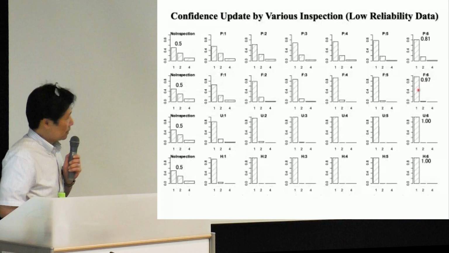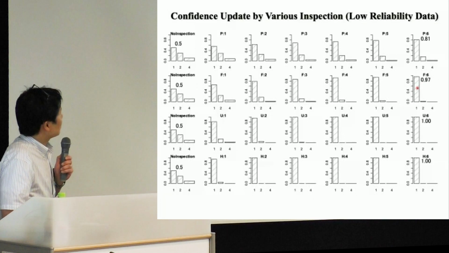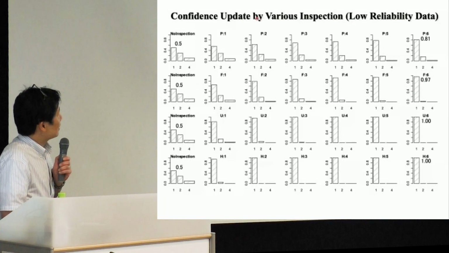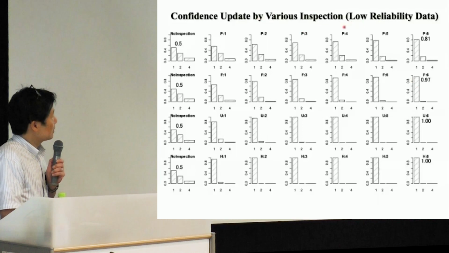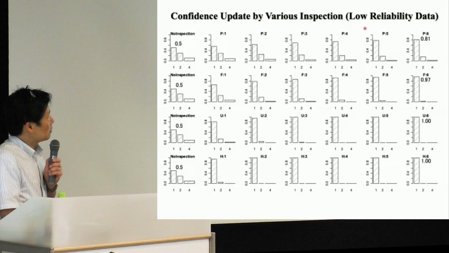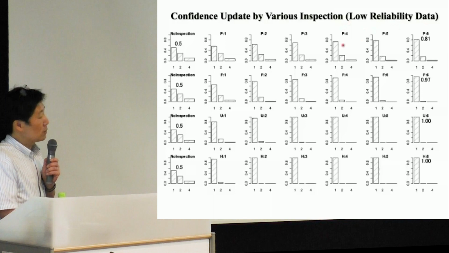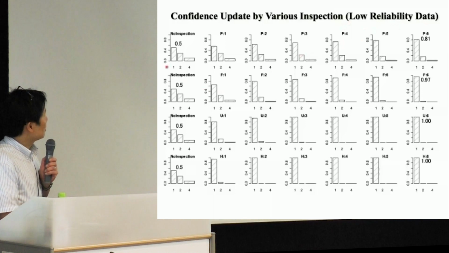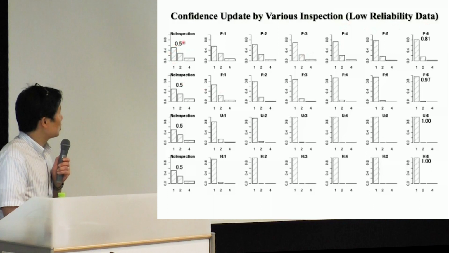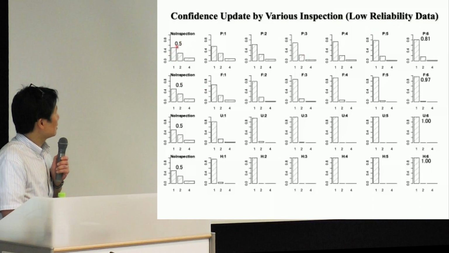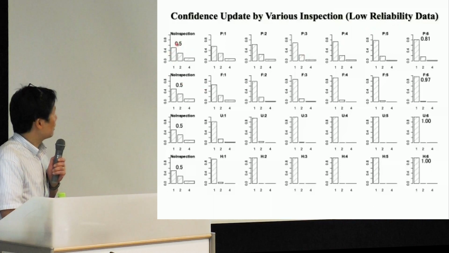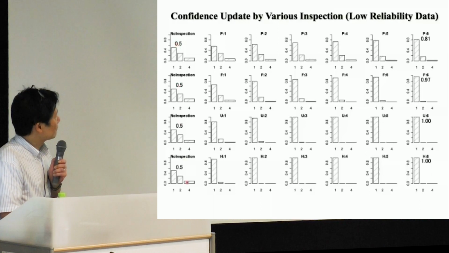What you see here is a confidence update by various inspections based on low reliability data. So without inspection, we can know just the probability. We can know the correct corrosion rate at a possibility of 0.5, very low.